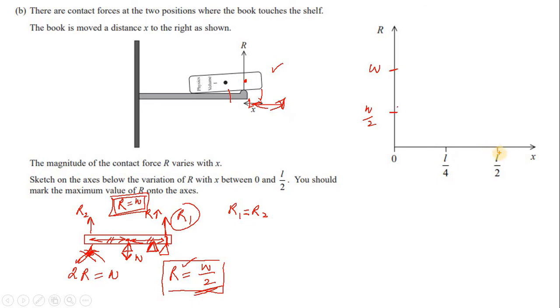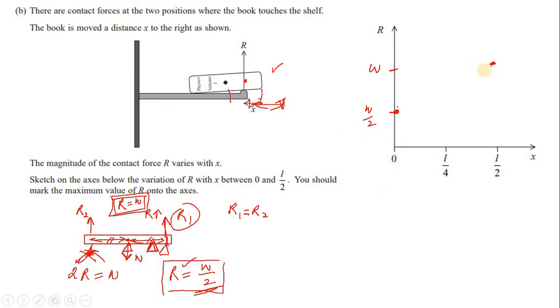That means at L by 2 we have the maximum force, and when we have x equal to 0, that means we have this point.